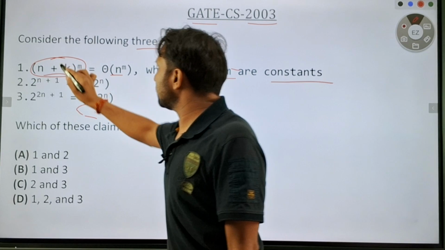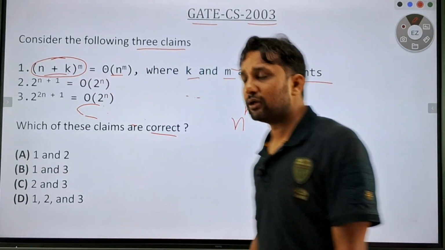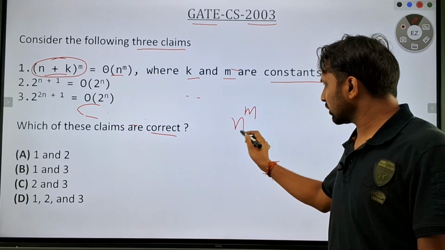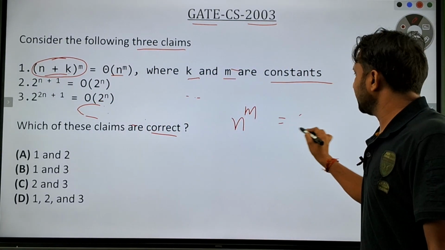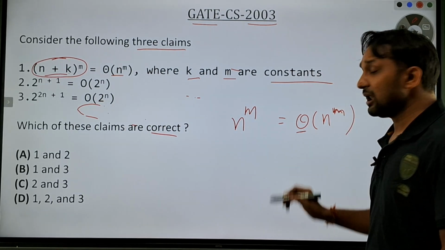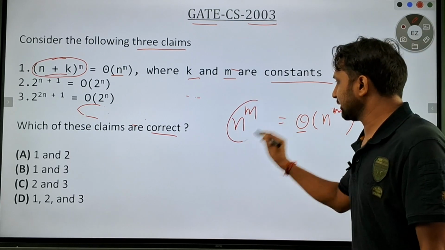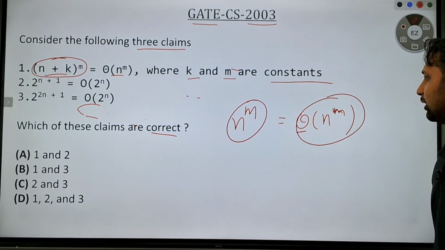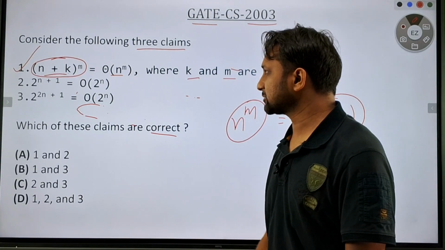So the largest term here will be n power m, because K is constant, so K power m will be smaller than n power m. And here we have theta of n power m. Theta says that the left hand side should be exactly equal to the right hand side. Yes, they are equal. So the first statement is right. The first claim is right.